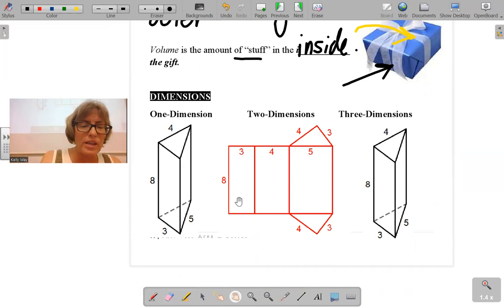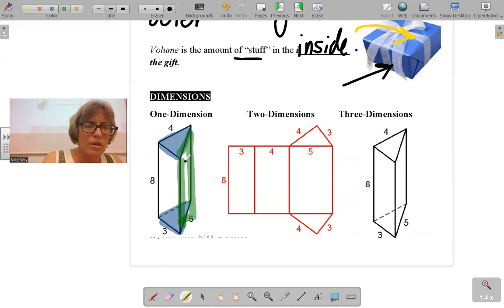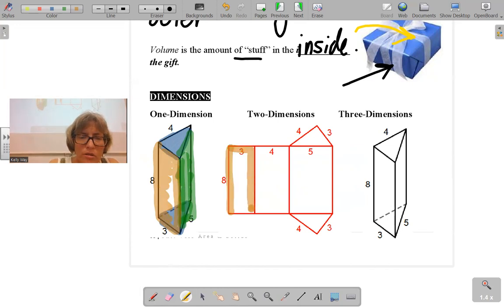So, for example, if I had this triangular prism and I had to unfold it, you can see that it would be 2 triangles and 3 rectangles. So we unfold it, and this 8 by 3 is right here, unfolded.